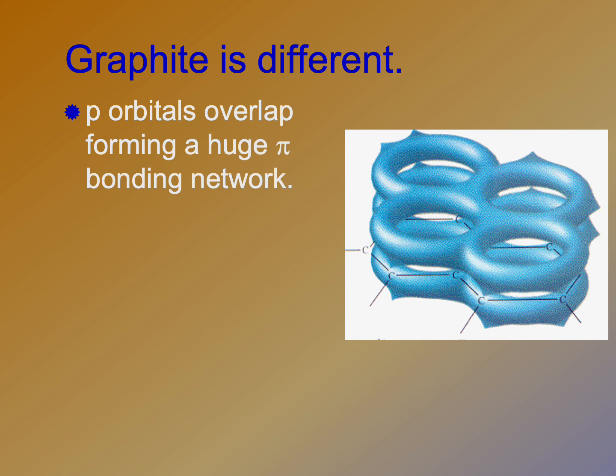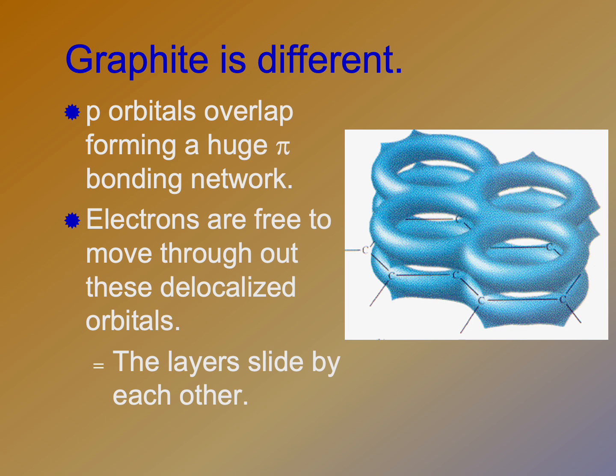So you end up with these individual sheets, and then these pi networks are the ones shown in blue, where it's basically layers of an electron cloud. Electrons are free to move throughout those individual orbitals, which means that since electrons can move around, it can conduct electricity, and those layers, since they're not attached to one another, can slide past one another.